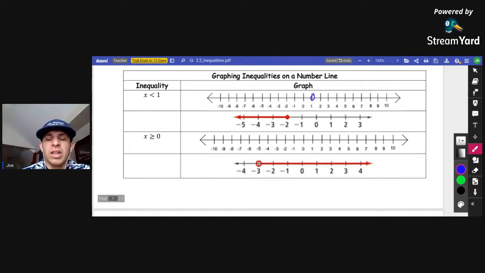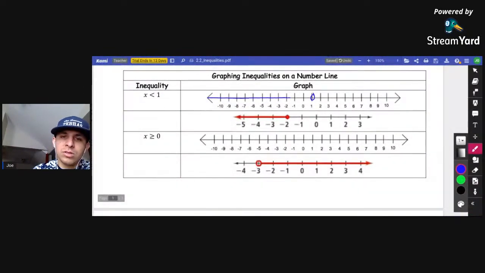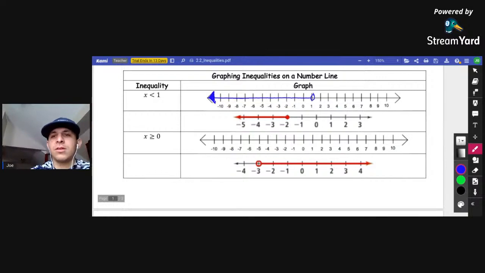So I like to think through this. Use your intuition. What values are less than 1? 0 is less than 1, and negative 1 is less than 1, negative 2, so on and so forth. So in this instance, we'd want to shade to the left. Now make sure you're looking and watching.